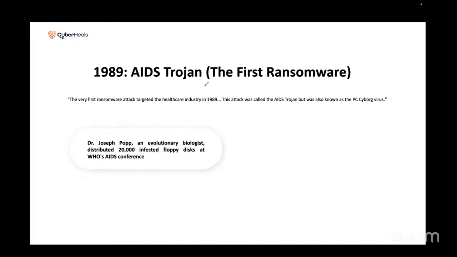Dr. Joseph Popp, an evolutionary biologist, distributed it. He is a biologist, working in healthcare. He sent 20,000 infected floppy disks to attendees of the World Health Organization's AIDS conference.